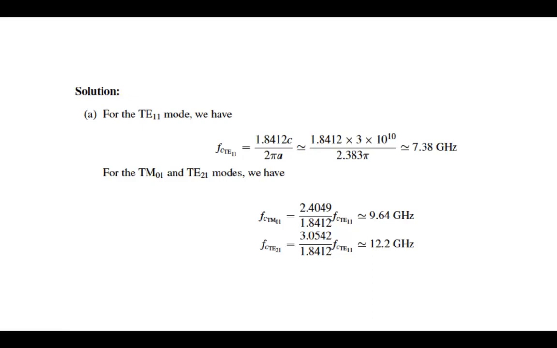So if you wanted to reuse this formula over and over again and just change this constant, you could certainly do that. So that's how you get the cutoff for the TM01 and the TM21. So noting 7.38 gigahertz, 9.64, 12.2, we verify that TE11 is the dominant mode, at least of these three.